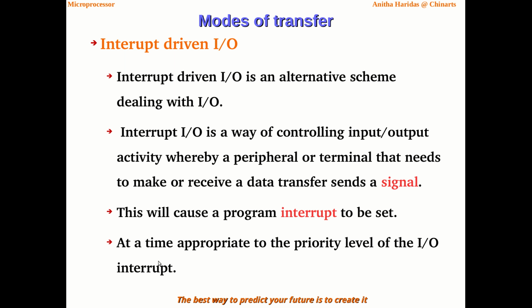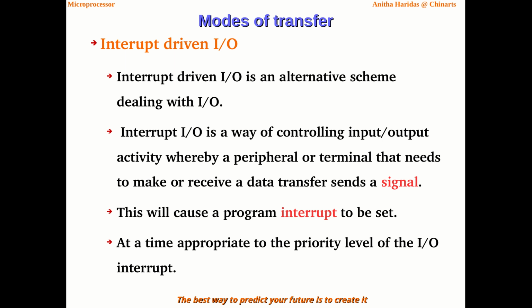Not only that, at a time appropriate to the priority level of the input output interrupt. When I say priority level, we will have more than one peripheral device. So depending upon the device priority, the interrupt will be accepted or acknowledged by the CPU.